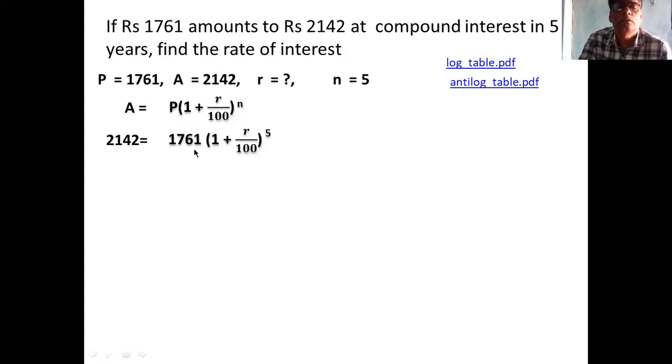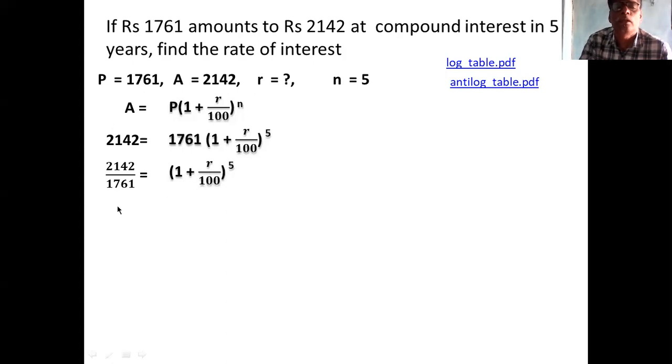That is 2142 divided by 1761 is equal to 1 plus R by 100 raised to 5.